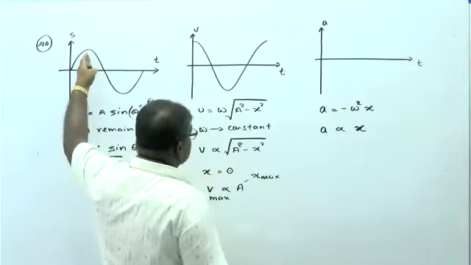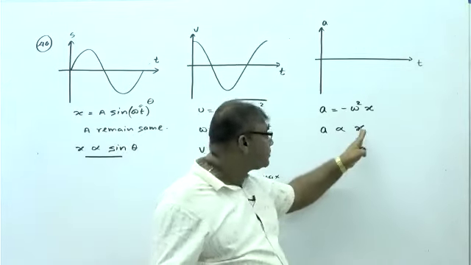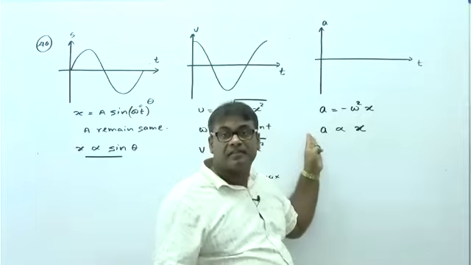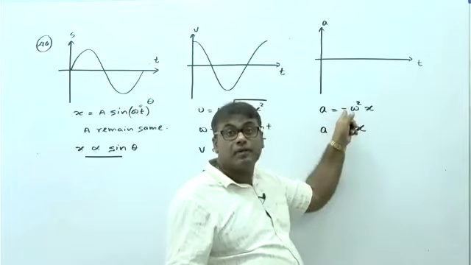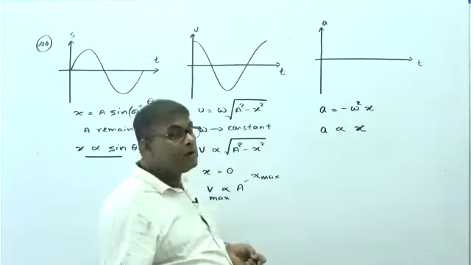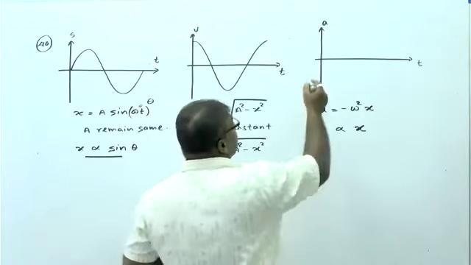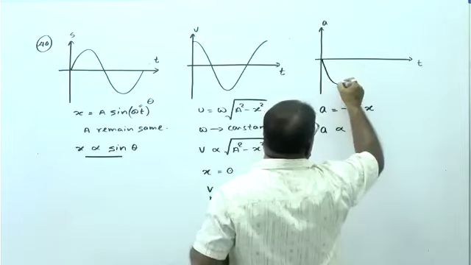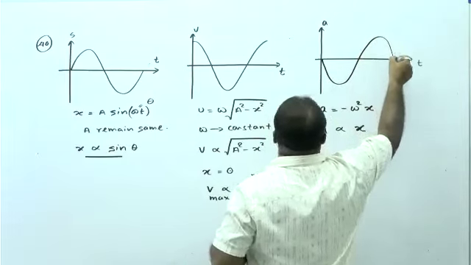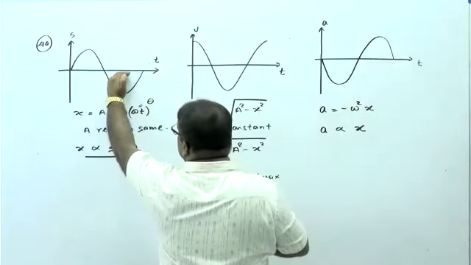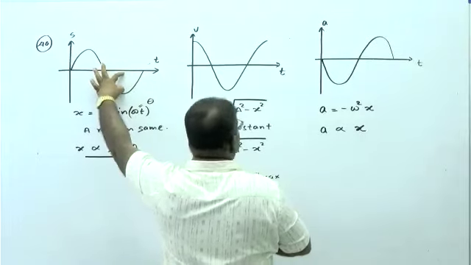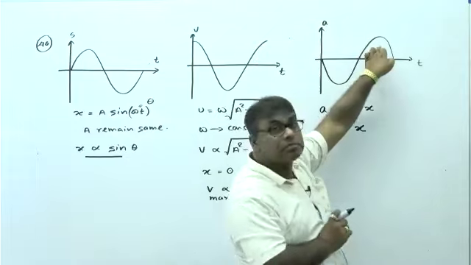The shape of the acceleration graph would be the same as the shape of the displacement graph, but with opposite phase. If the displacement is positive, acceleration should be negative. If the displacement is negative, acceleration should be positive.